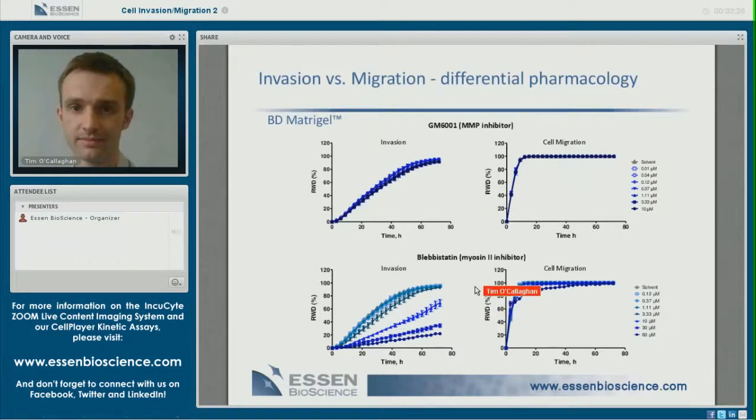In contrast, however, we saw for the myosin 2 inhibitor blebbistatin that invasion was inhibited for the HT1080 cells through BD Matrigel, and again only a modest inhibitory effect was observed for migration.